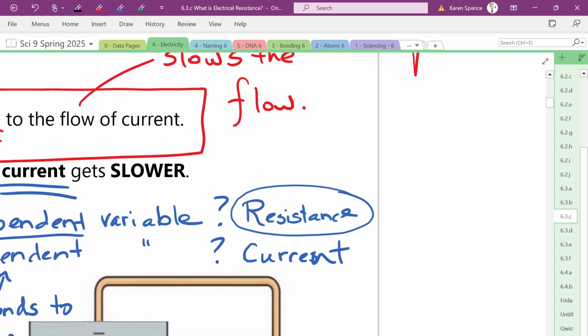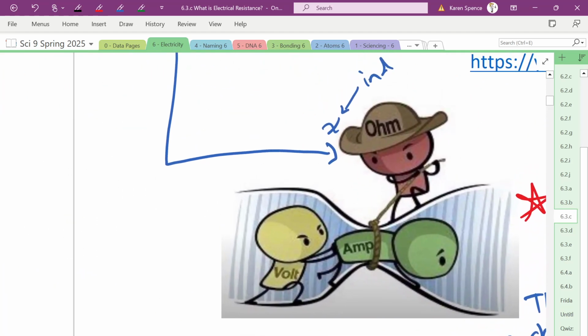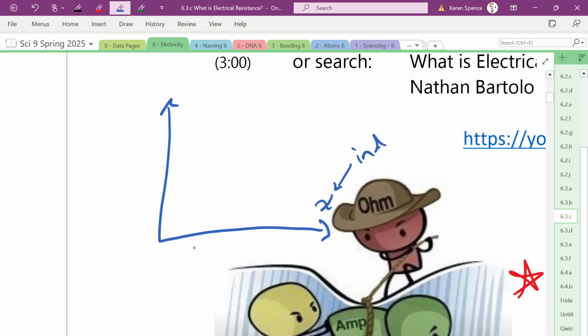Independent variable is resistance, so let's put resistance on our x-axis. Resistance. And that means that on our y-axis is the dependent variable. And that's going to be our current.